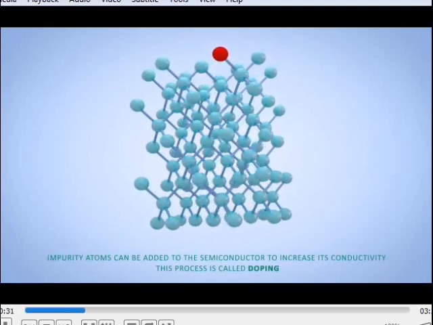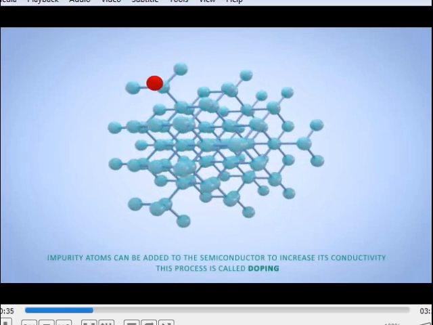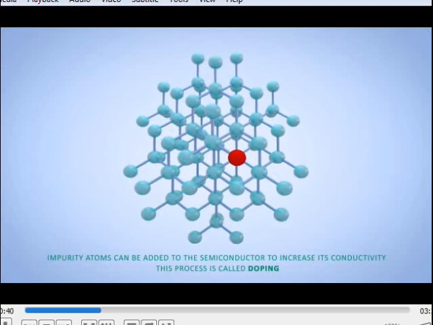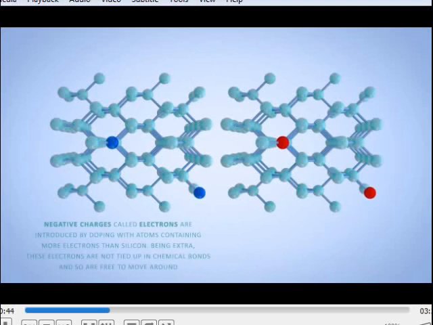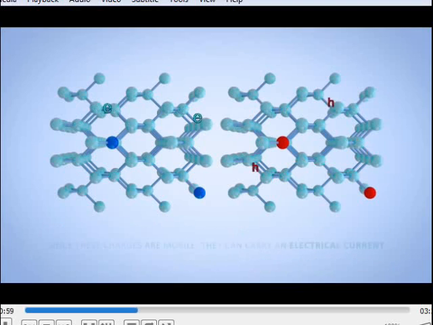Now they are adding an impurity, which is called doping, which can release an electron or a hole, any charge. We see blue and red: blue is electrons. Because of the impurity there are free electrons that move, and positive charges, or holes, are created on the right side because of the doping.